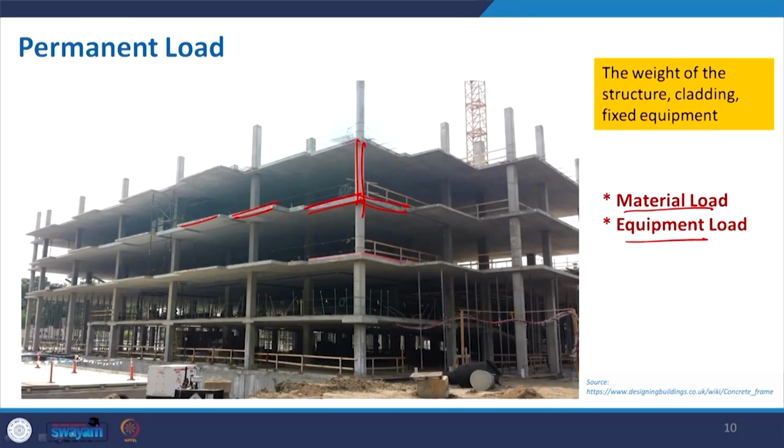But one thing very interesting to look into here is that, because it is under construction, it is being supported with some shuttering, scaffolding, or sometimes these props which will hold it. So, these are very temporary structures.